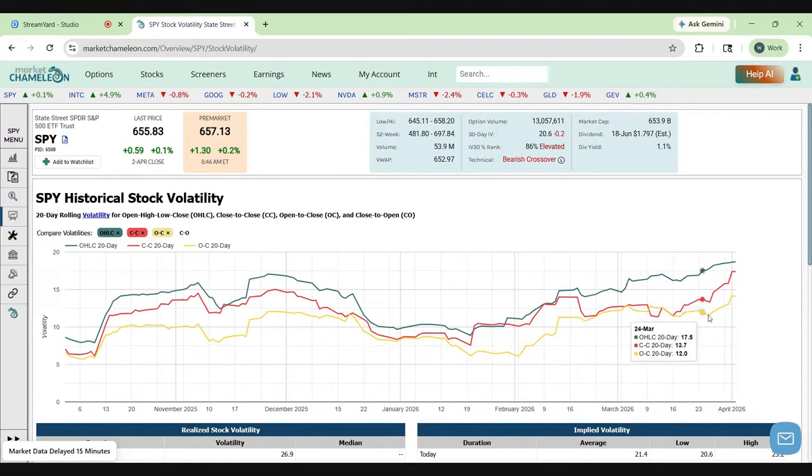So right now the intraday volatility, or at least the drift from the open to the close, is starting to also come up with the rest of the lines. So now that's also contributing to a higher volatility. So we've got the open, high, low, close moving up, the close to close, and the open to close. These are different reference prices.